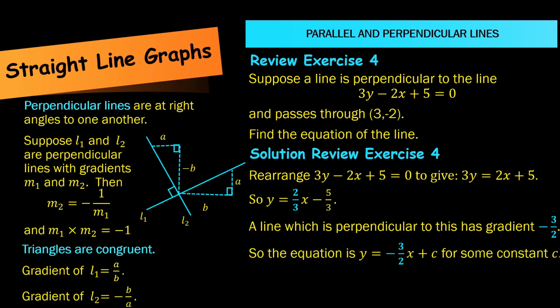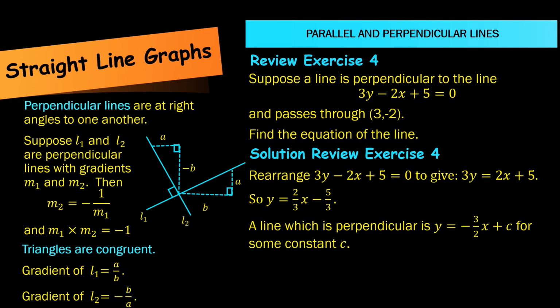So the equation is y equals minus 3 over 2x plus c for some constant c for this perpendicular line. Now, we know that y equals minus 2 when x equals 3. So we can plug in the values in order to find c.